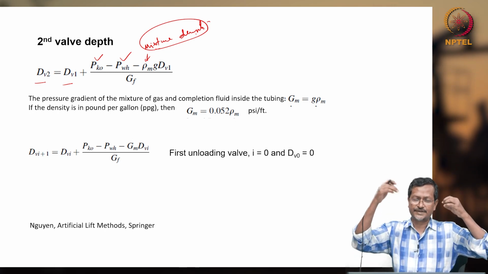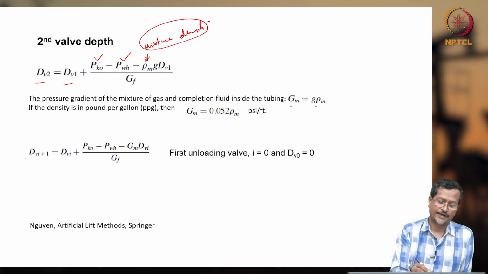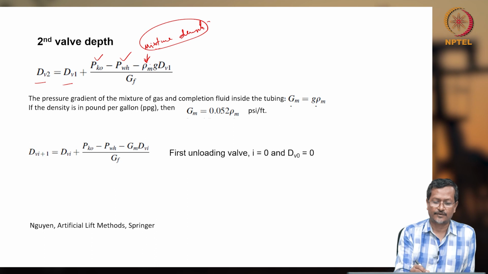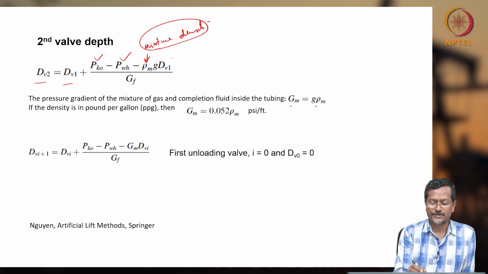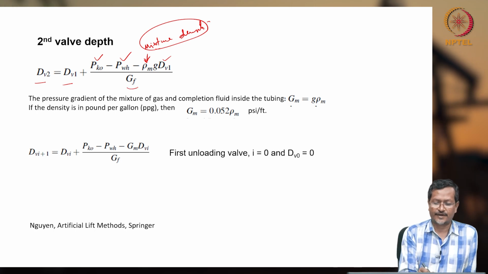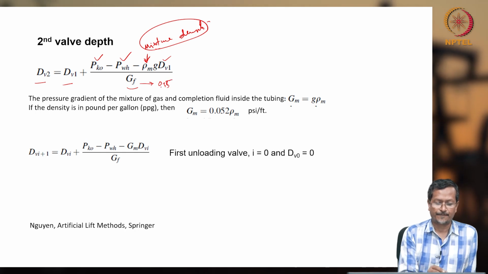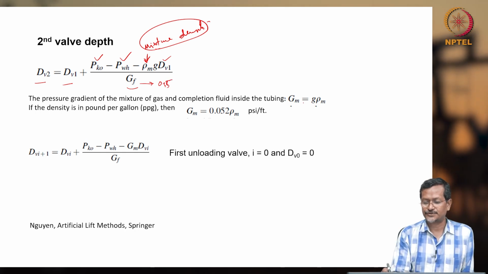Now you injected gas, so it becomes a mixture of liquid plus gas. That average density you put here as rho m, with G the gravitational constant, dV1 the first valve depth, and GF again the same parameter, 0.45 or the kill fluid gradient. GM is the pressure gradient of the mixture of gas and completion fluid.